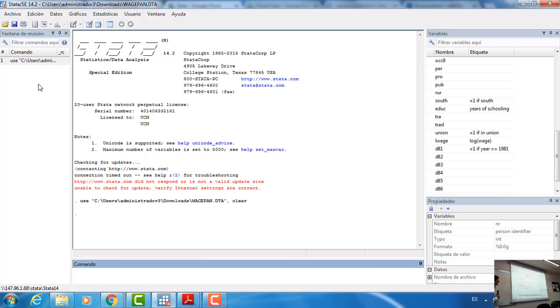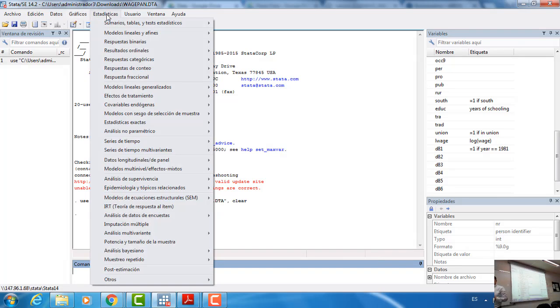Recycling the commands is very important because it is easier to do that than to remember. Another idea is that at the beginning, while you're learning, instead of using commands which you don't know how to use, you should go by the windows. The windows are very useful. There are fold-down menus, and the fold-down menus allow you to do everything.